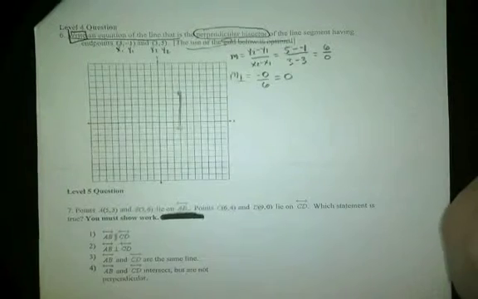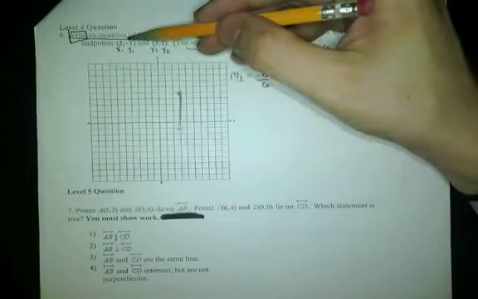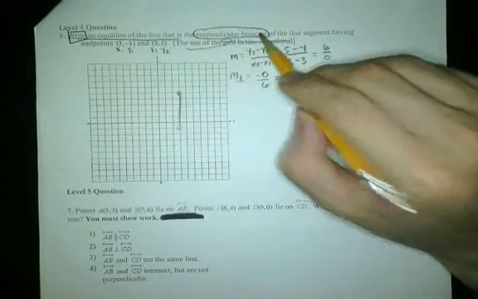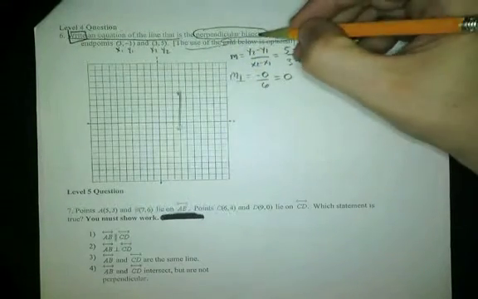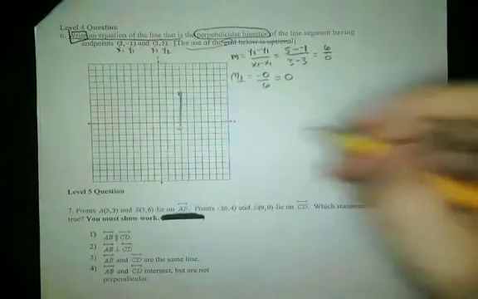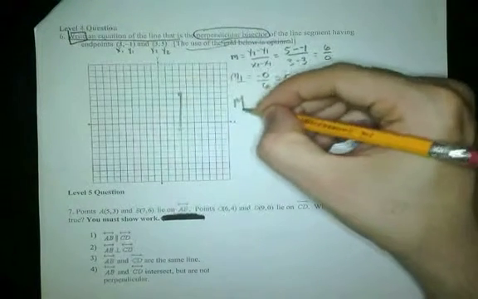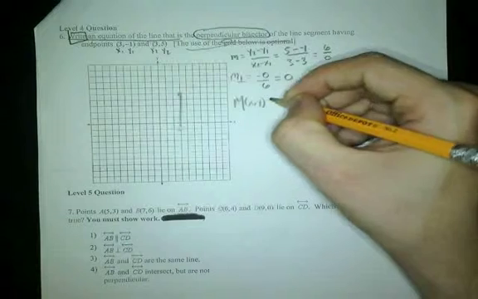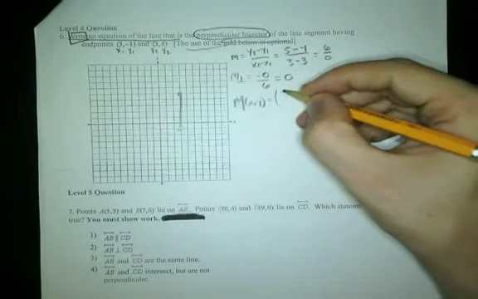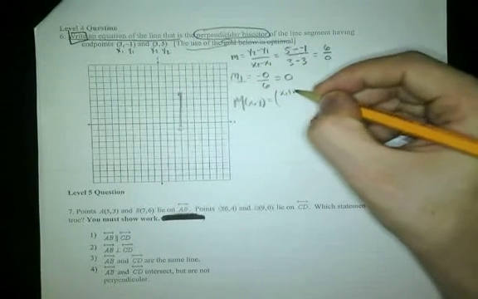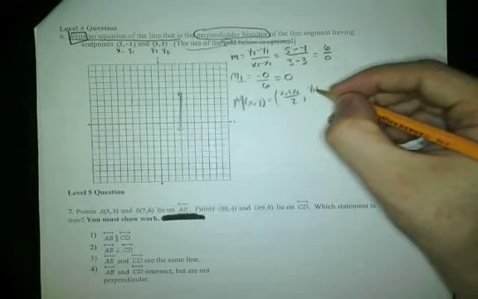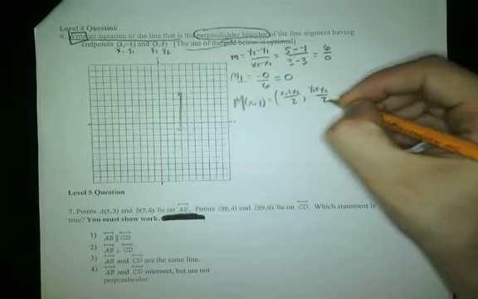Now, what I need to do is find the midpoint between these two points, because it's a perpendicular bisector, and a bisector goes through the midpoint of the segment. So the midpoint formula is M(x, y) equals (x1 plus x2 over 2, y1 plus y2 over 2).